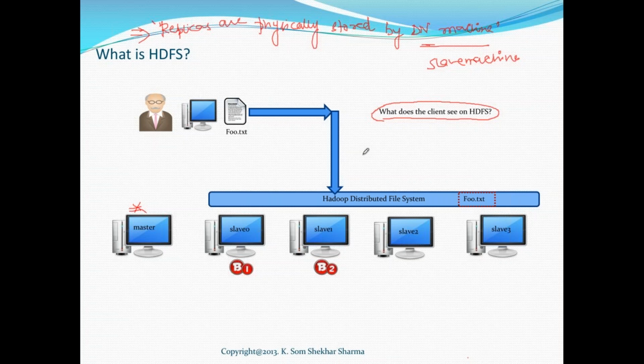If you show him the HDFS and he sees blocks, he will say, where is my file boss? How will I make out which part of which block belongs to my file? So please understand that when you put the file on the HDFS, you will see only a single file. But behind the scenes, that single file which you see on the HDFS is made up of blocks.